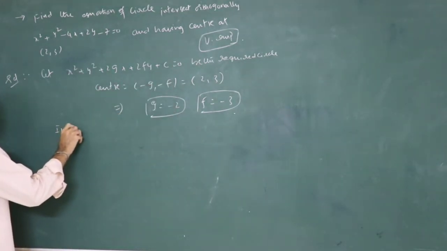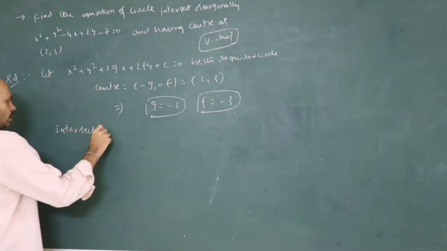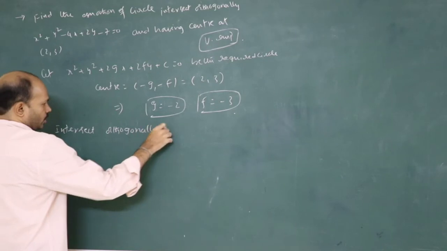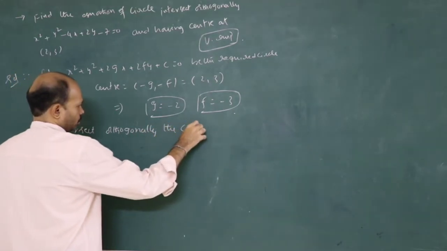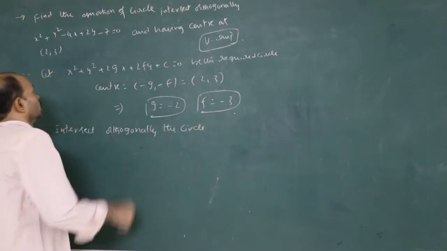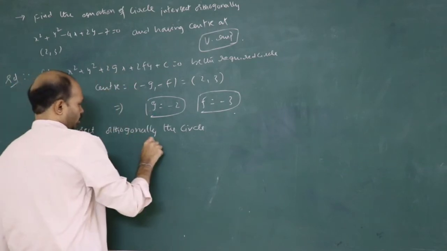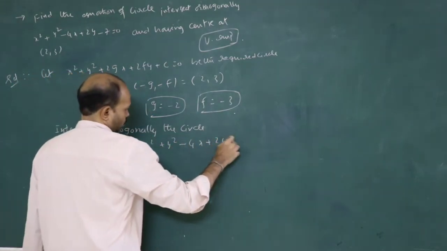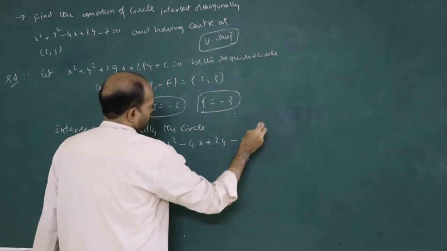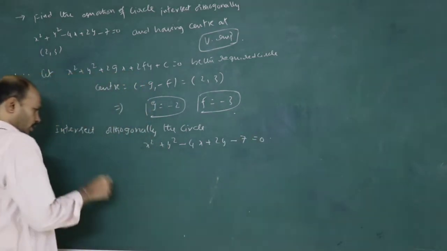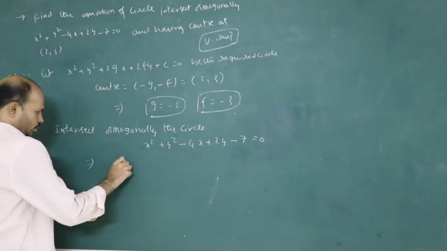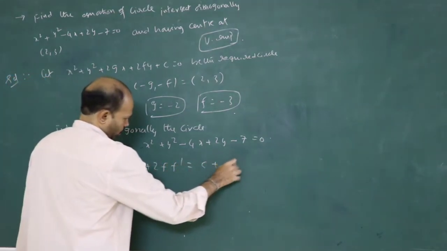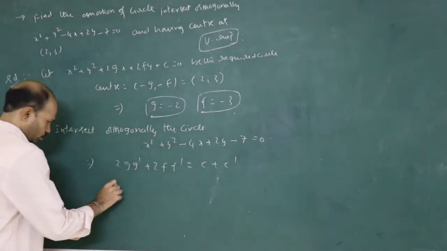Intersect orthogonally the circle x square plus y square minus 4x plus 2y minus 7 is equal to 0. What is the formula here? 2g g dash plus 2f f dash is equal to c plus c dash.